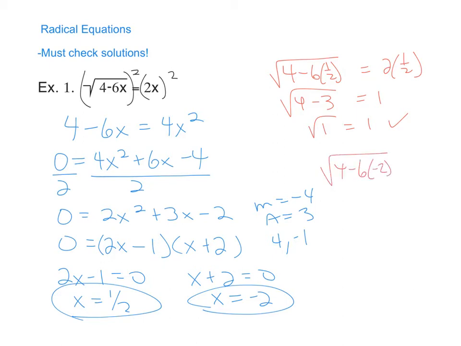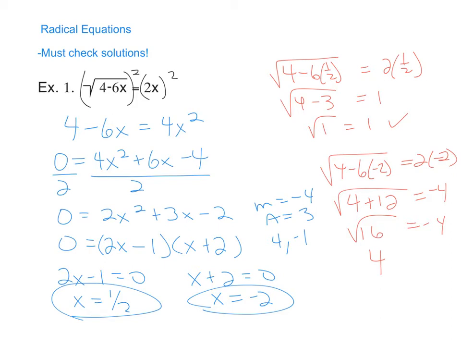Now if I check the second one, I have the square root of 4 minus 6 times negative 2 has to equal 2 times negative 2, and you may notice right away what my problem is. I get the square root of 16, but what does it equal? Negative 4. And the square root of 16 is positive 4. I don't have a plus or minus here. When I squared both sides right from the start, I made this whole side positive and this whole side positive, because by squaring, we make things positive.